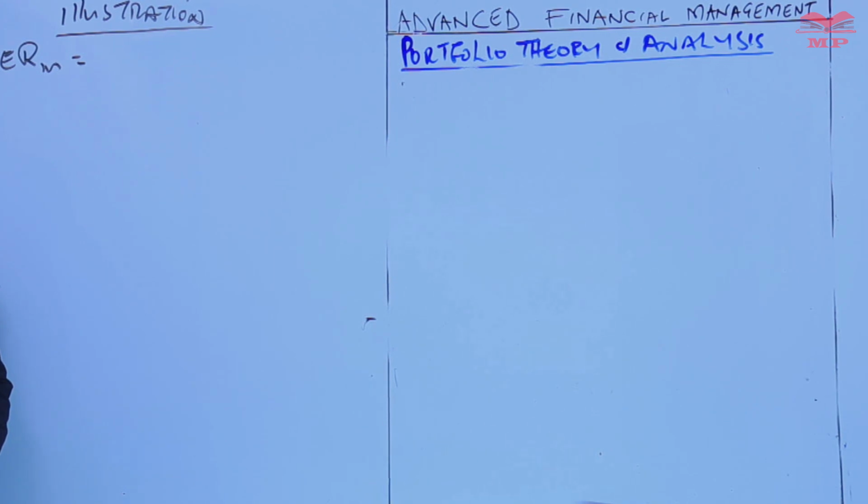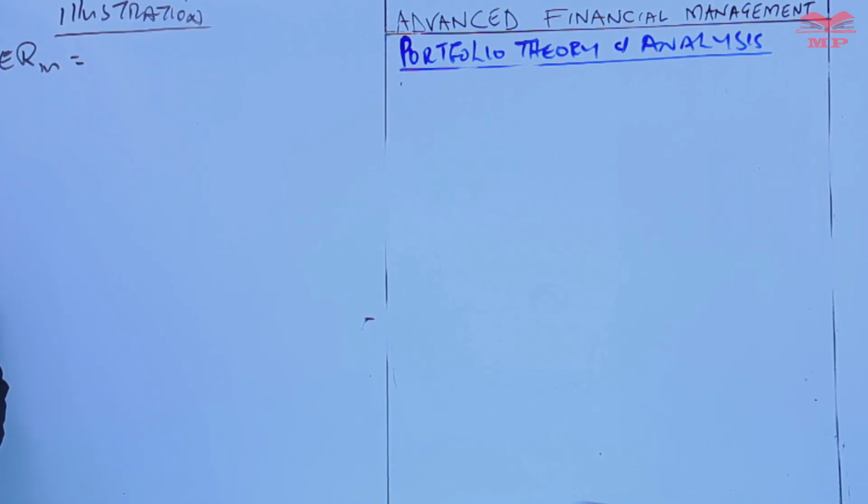Then we have the return. Then there is probabilities for investment K and the return for investment K. So we want to first of all compute the expected return for investment M.